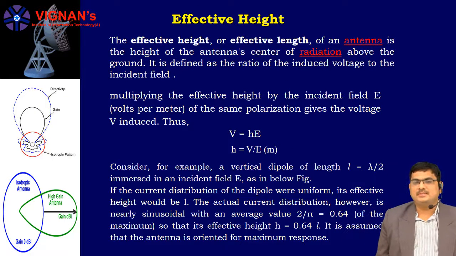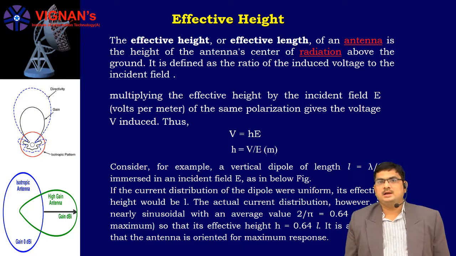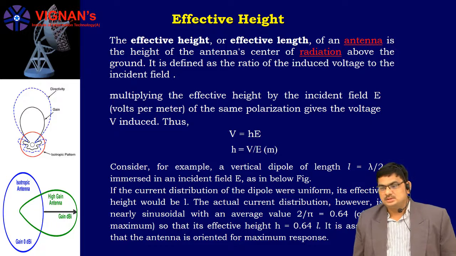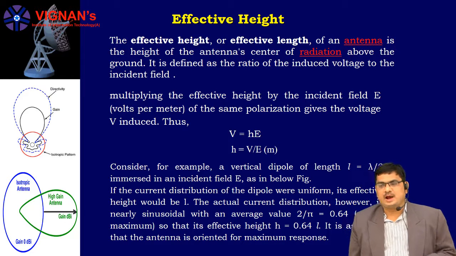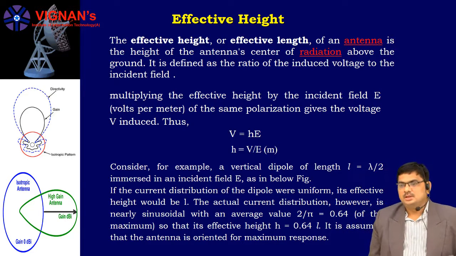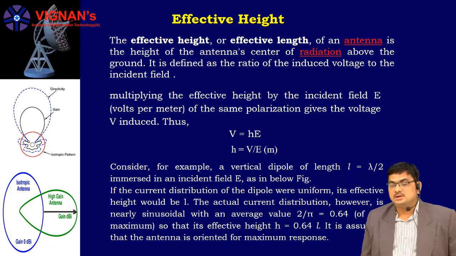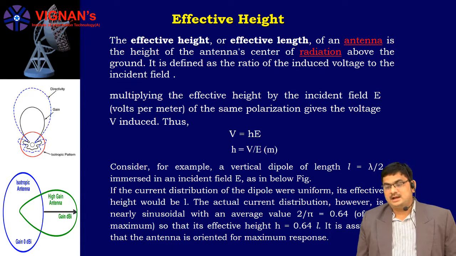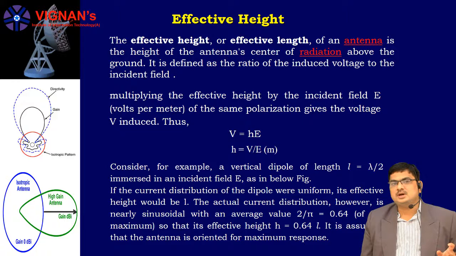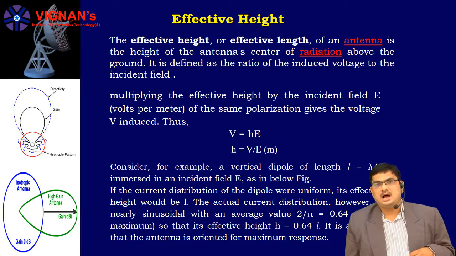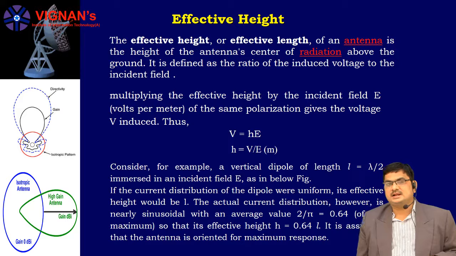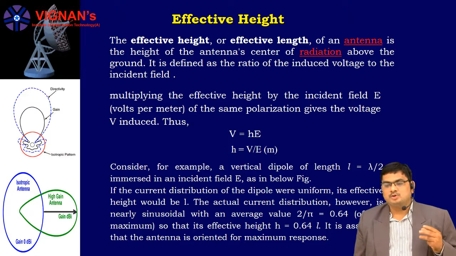The next parameter is effective height or effective length. The effective length or effective height of an antenna is the height of the antenna's center of radiation above the ground.